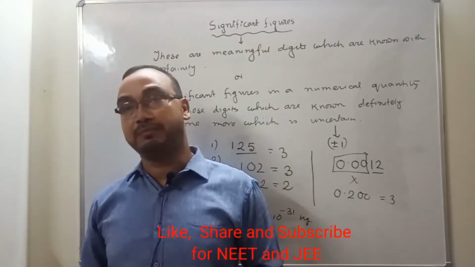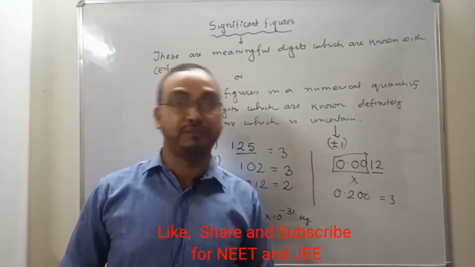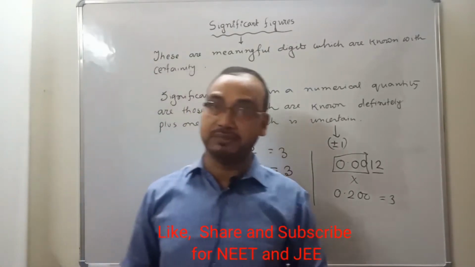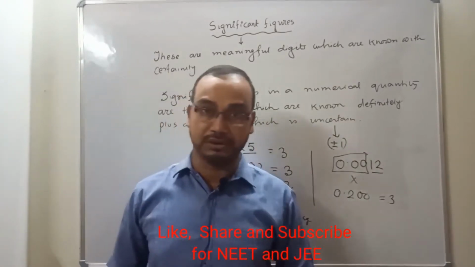So exact numbers have an infinite number of significant figures. Clear? Exact numbers have an infinite number of significant figures.